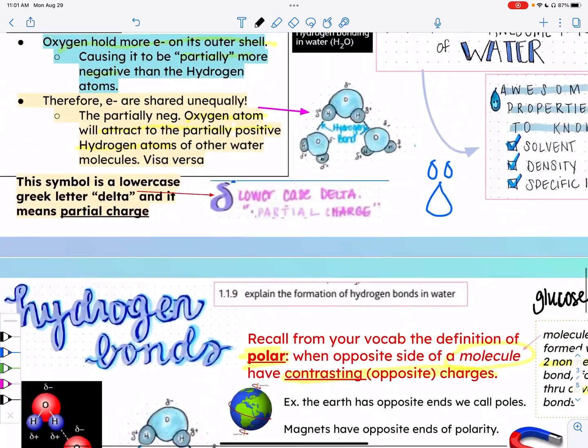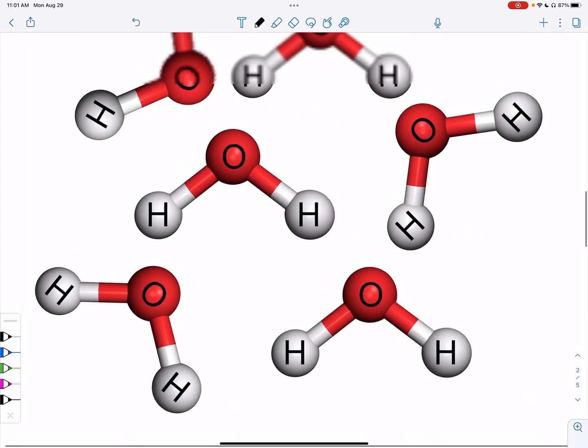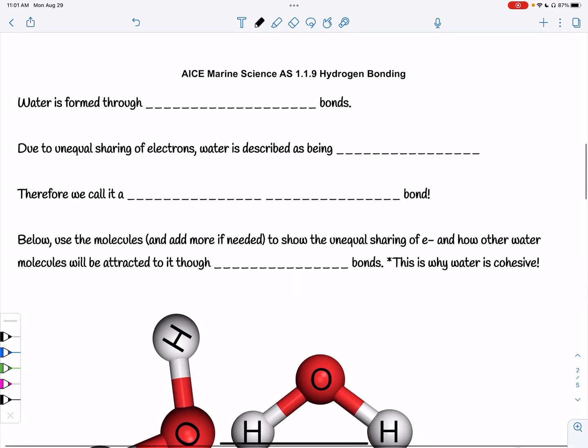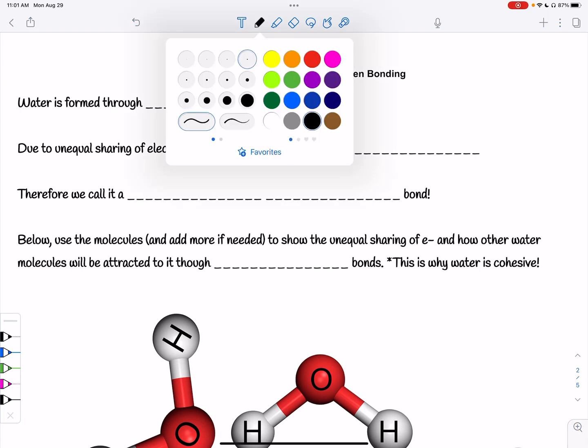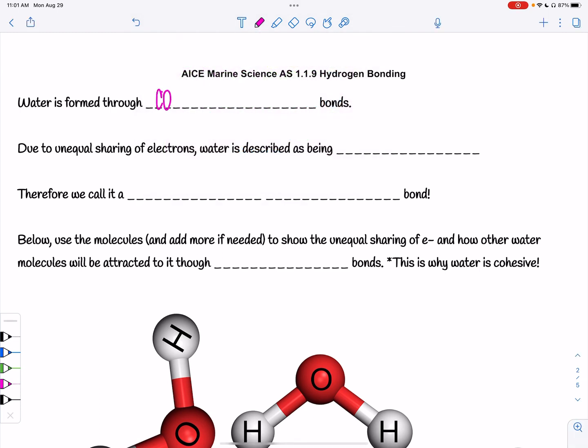All right, and so on the practice paper that we did, it said water is formed through covalent bonds. So we're just talking about one water molecule here.